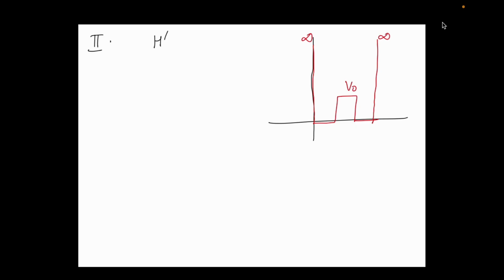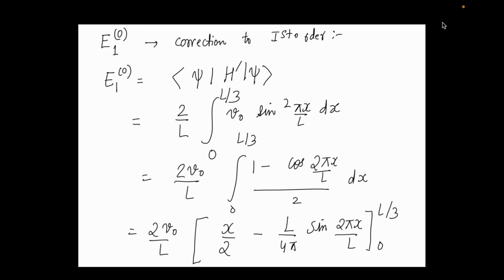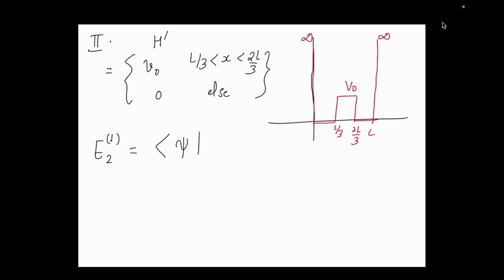So your first order correction would be 2 by L times the integral from L by 3 to 2L by 3.